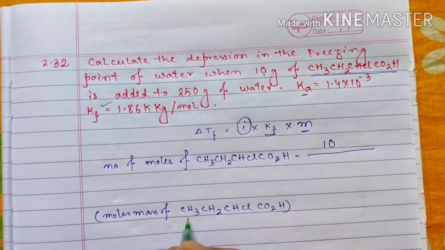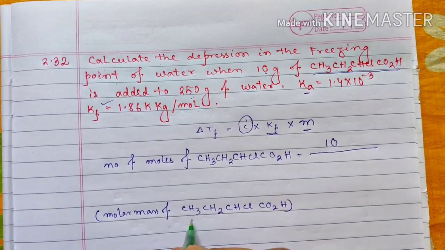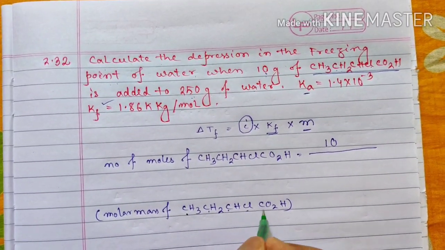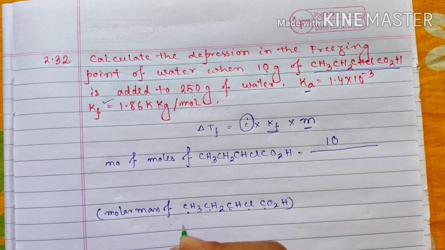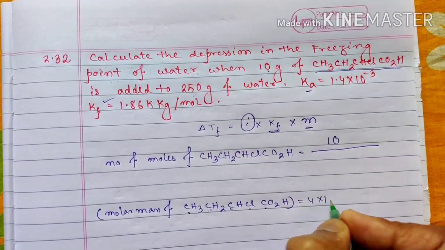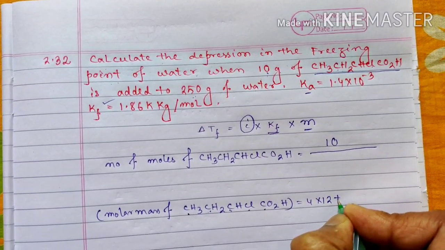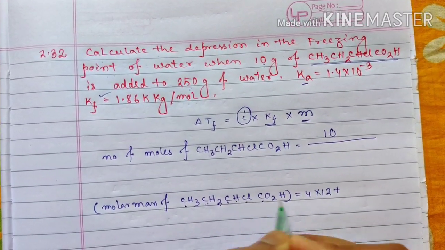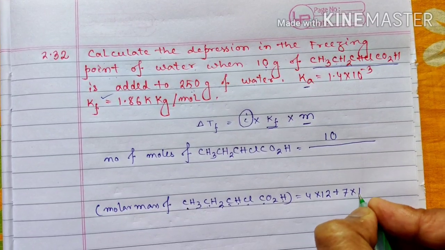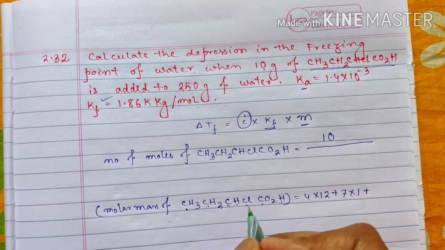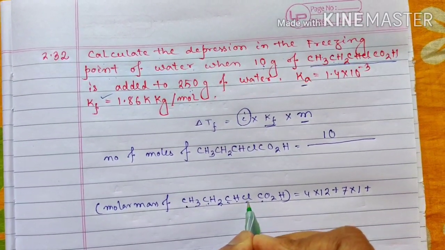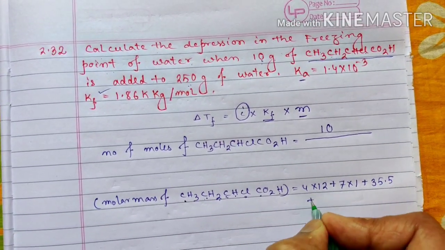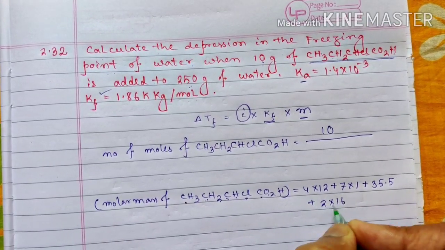So the molar mass of CH3CH2CHClCO2H. See to it very carefully. It should be, see here, 1, 2, 3, 4 carbon, so 4 into 12, plus 3 plus 2, that is 5, 6, 7 hydrogen, so 7 into 1, plus there is a chlorine as you can see, so 35.5, plus there are 2 oxygens, so 2 into 16.